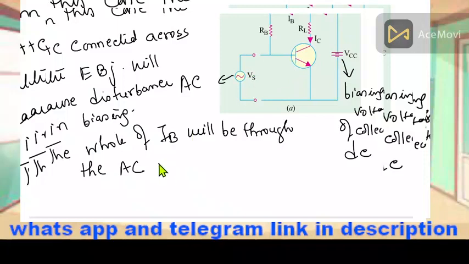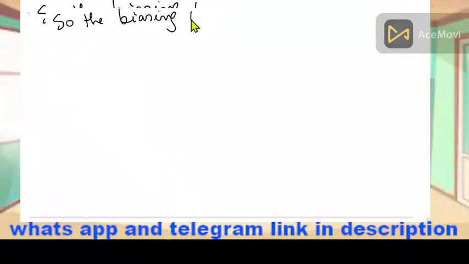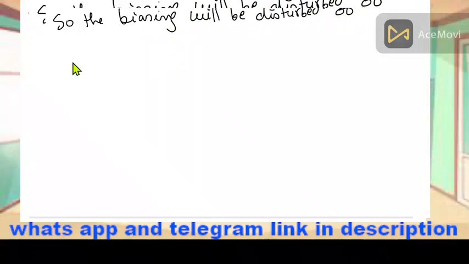It will surpass the DC, it will go above the DC. So the biasing will be disturbed, and amplification will be improper.